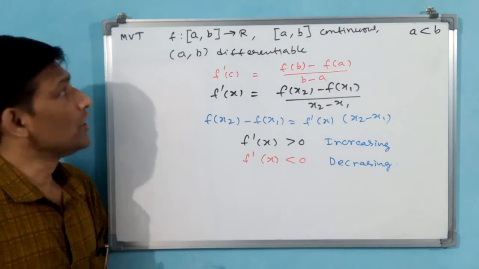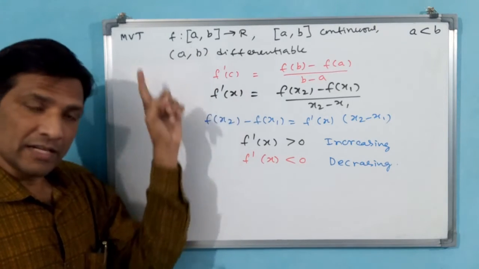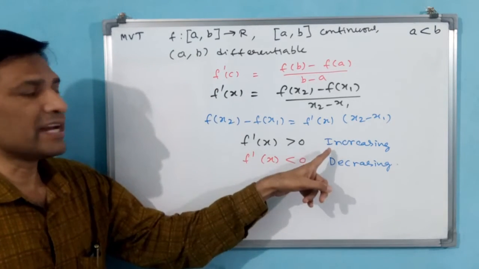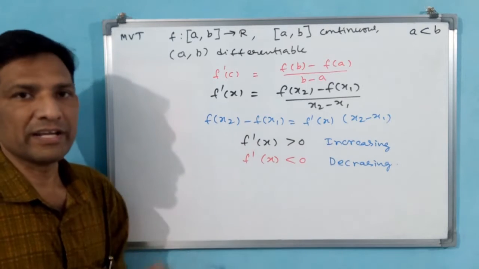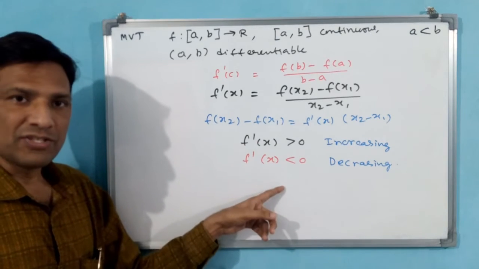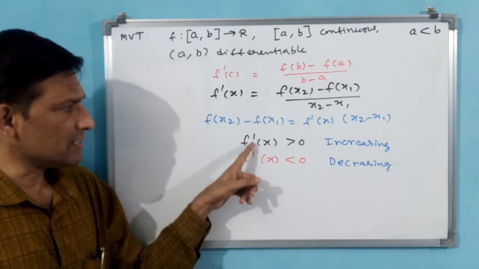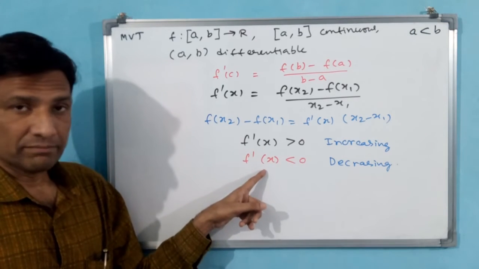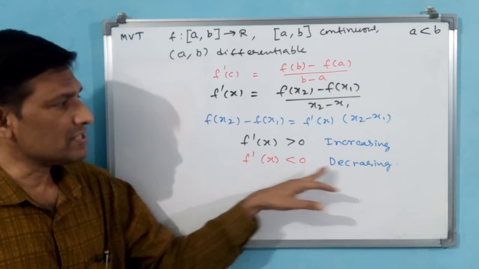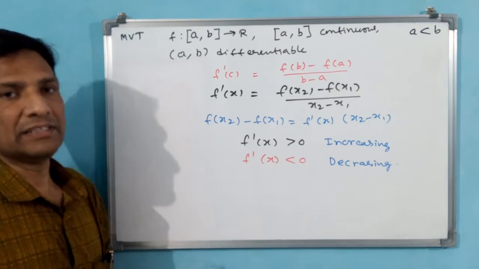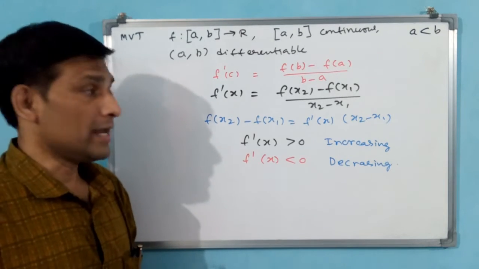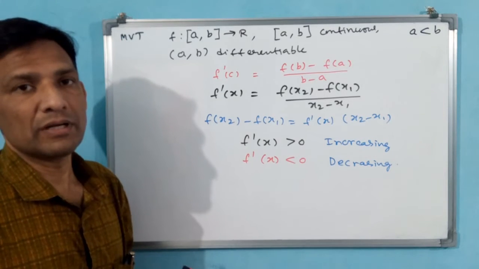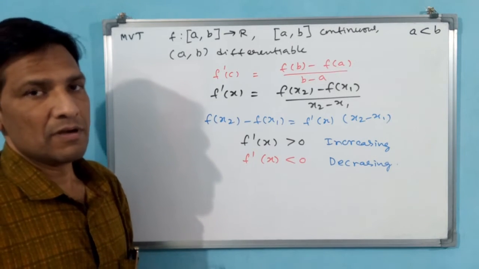Okay, that means if any function is there, then derivation of that function, if it is greater than 0, that function is called increasing function. Less than 0 derivation, see f dash x, decreasing. When the derivation is less than 0 it is called decreasing function. Okay, like this concept also we can use for differentiation.